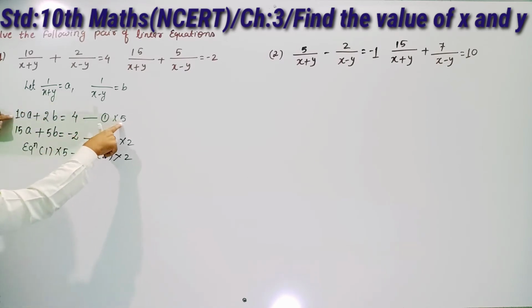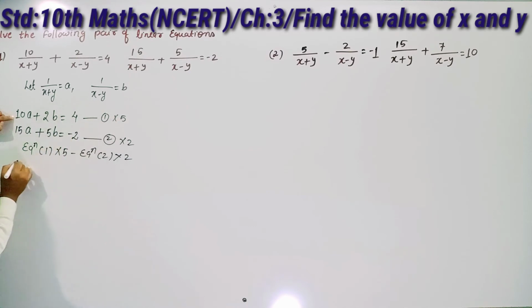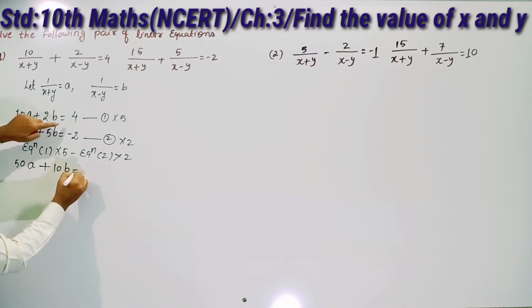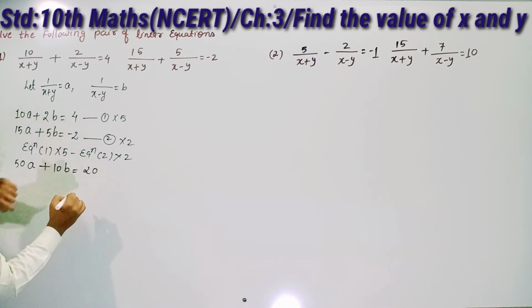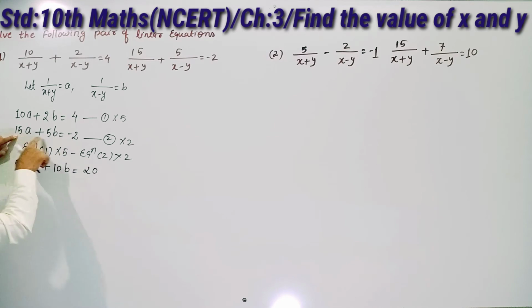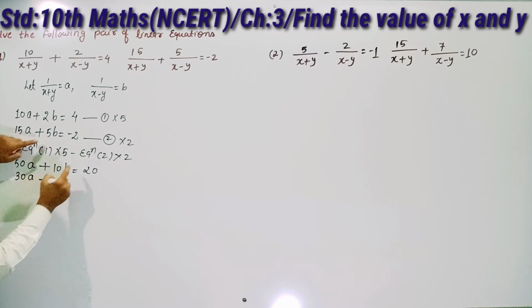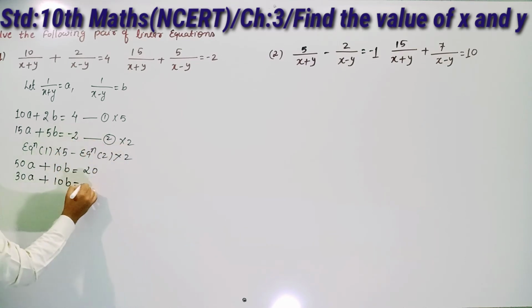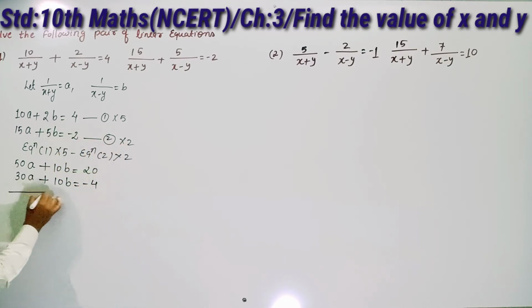So we are multiplying equation 1 by 5. So what we are getting: 50a plus 10b equals 20. Okay, and in equation 2 multiplying by 2, we are getting 30a plus 2 fives are 10b, equals 2 into minus 2, minus 4.